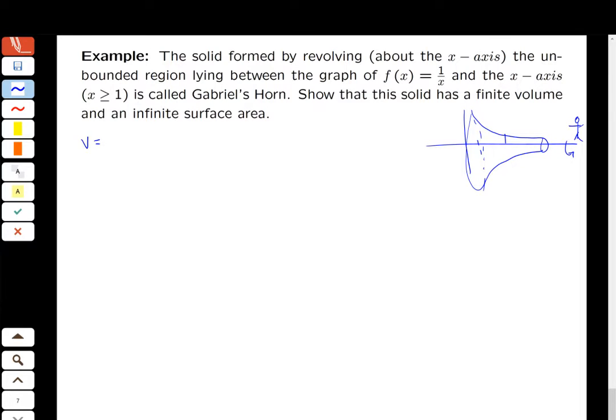The washer method is pi r squared, so we're going to have pi times the integral from 1 to infinity, and our r is the distance from the axis of revolution to the curve, so that's given by our function 1 over x, so I get 1 over x squared dx. Here we have infinity in the endpoint. So like we learned on Friday, we have to pass to the limit here.